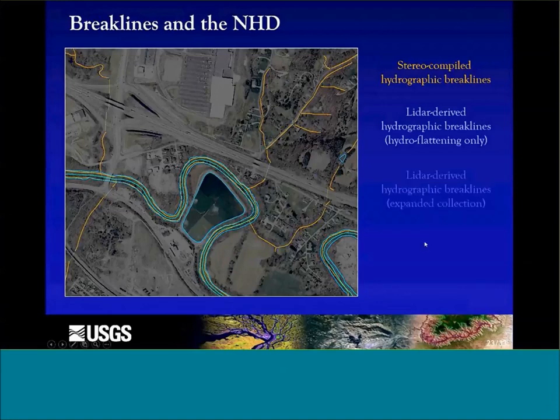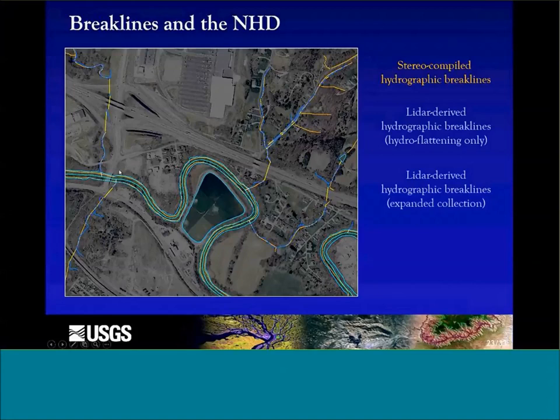Now, if we were to do an expanded collection of the hydrographic break lines, we would also add these single line streams, culverts, which are one of our favorite things to argue about, and these little connectors that connect this single line stream to the center line, from here to there, from here to there. There's one here, and there's another one there, and one actually over here too.